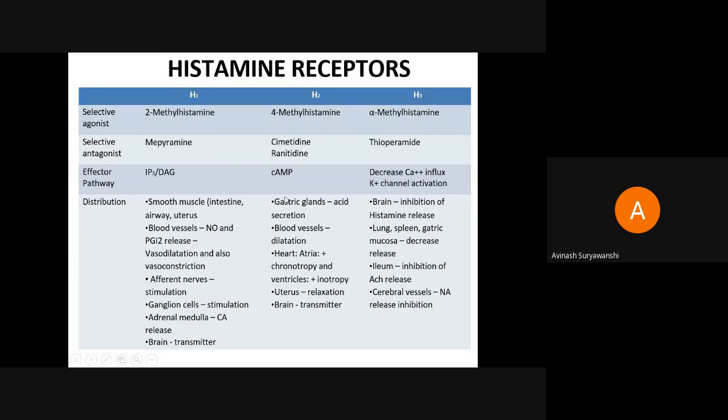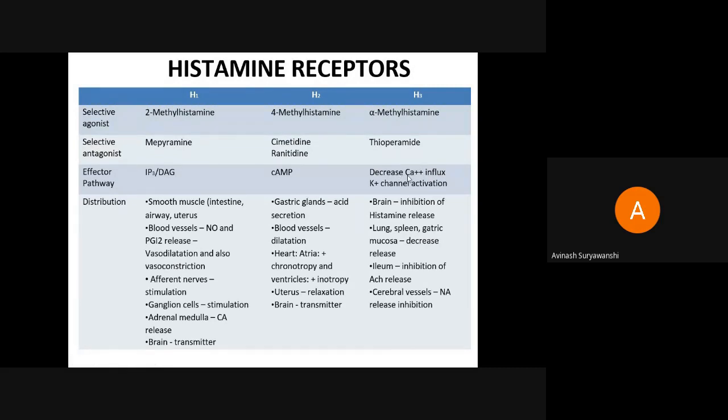Okay, here you can see adenylate cyclase. The adenylate cyclase will form cAMP, and that increase in cAMP will cause the activation of further protein kinases. Okay, so this is how they work via the cAMP pathway and the IP3 DAG pathway. And H3, they are like the inhibitory kind of receptors.